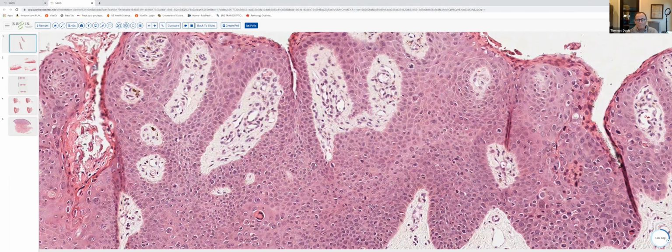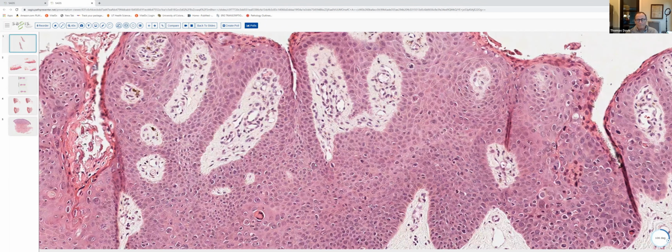The keratinocytes have nuclei that are pleomorphic. The nuclei are markedly variable in size and shape. There are a few small foci of necrosis en masse. There are apoptotic cells, mitotic figures, and several cells with hyperchromatic nuclei.